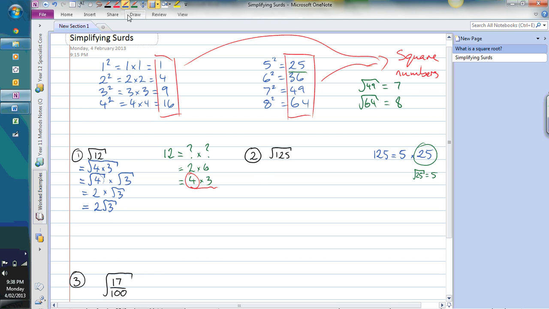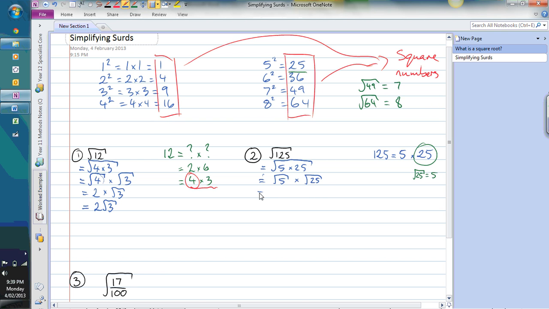So to simplify this surd, I'm going to make this equal to 5 times 25 with the square root over all of it. And just as before, I can split this surd up into the square root of 5 times the square root of 25. Now let's have a look here.